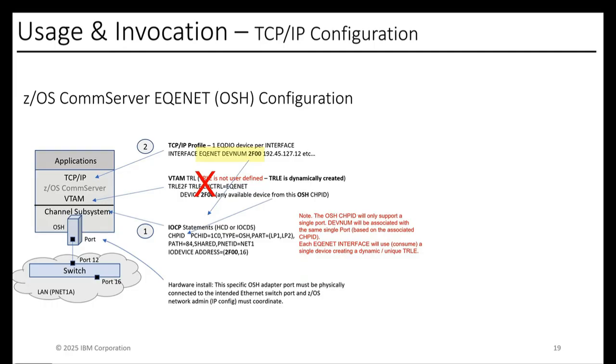If you want to display it, you can, and the name starts with IUTE, followed by the device number that we selected for you. That'll be under the IST TRL major node. And in your TCP/IP profile, you now define EQENET dev number 2F00. As I said, 2F00 doesn't mean that's the one you're going to get. It's going to be 2F00 through 2F0F, any one of those that are available, but it's pretty much first come, first served, and you'll get them in that order.